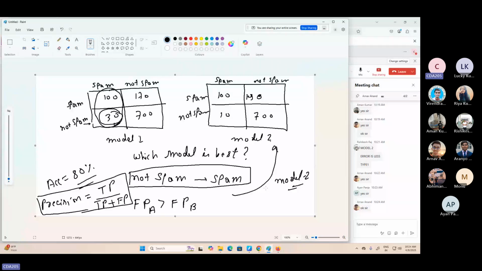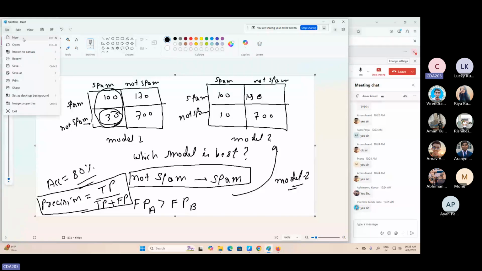Everyone? Precision is what? TP, केवल हमें पॉजिटिव वैल्यू ही देखनी है। So TP by TP plus FP. Rest recall and F1 scores we will discuss in the lab, in today's lab.